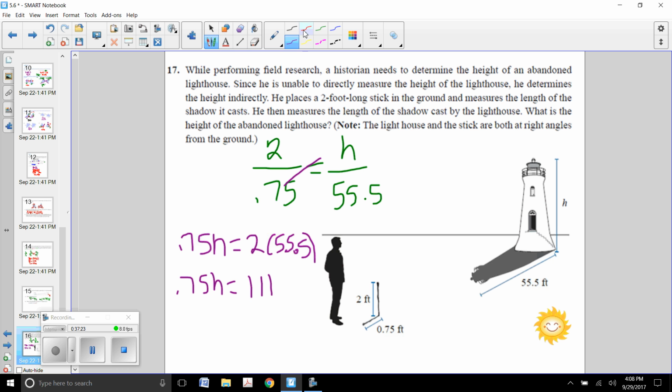And so when we divide both sides by 0.75, we see that the height of the lighthouse is approximately 148 feet tall.